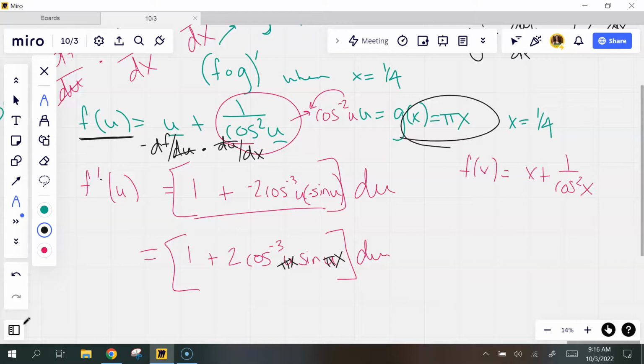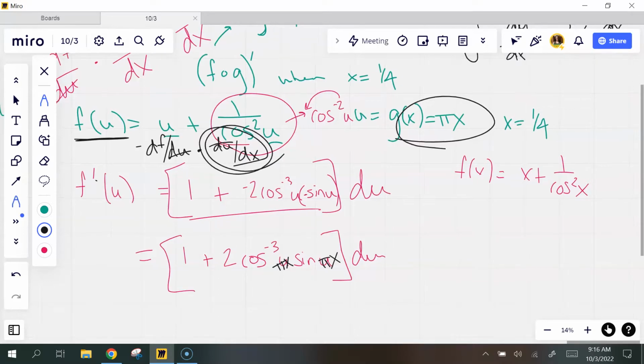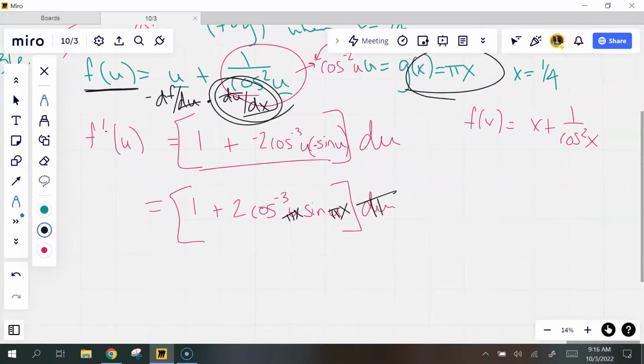The derivative of u with respect to x is just pi. So now I have, I'll just write this a little bit prettier before I plug in my values.